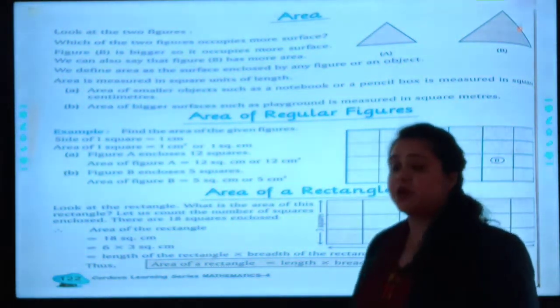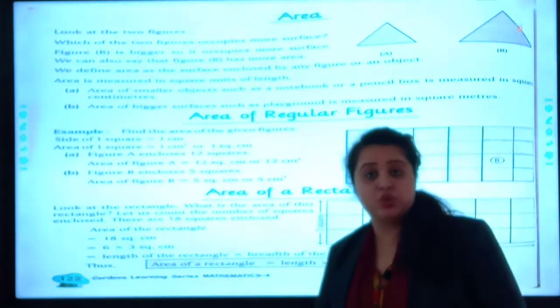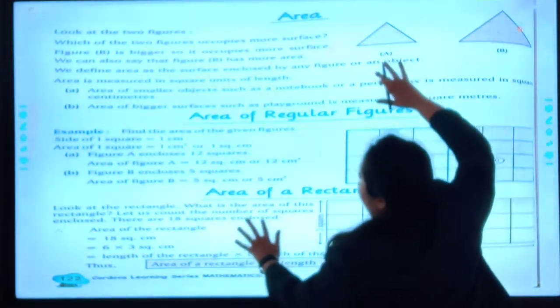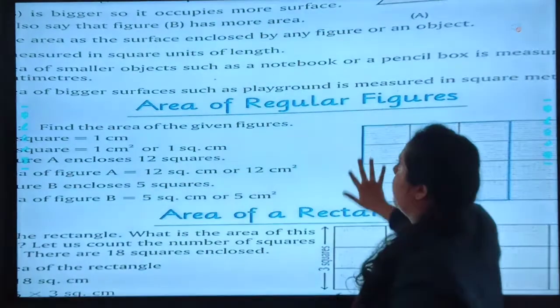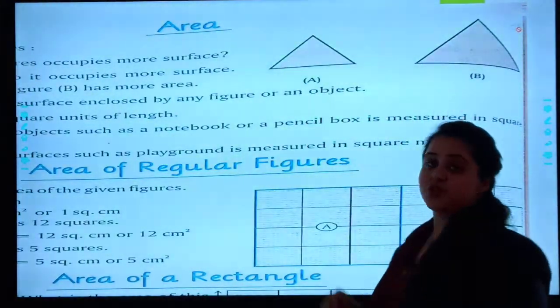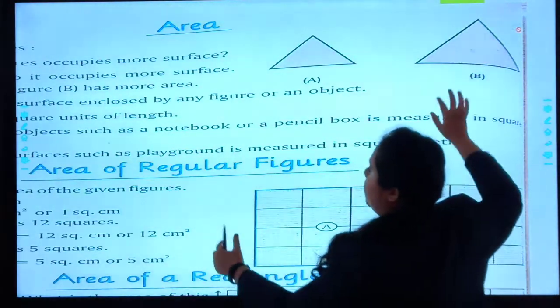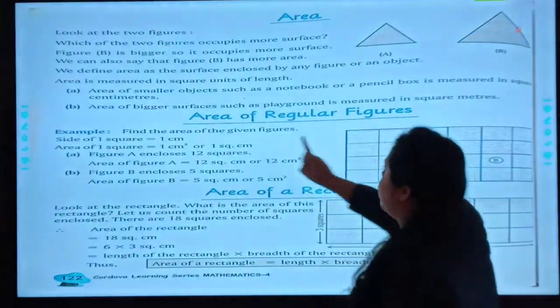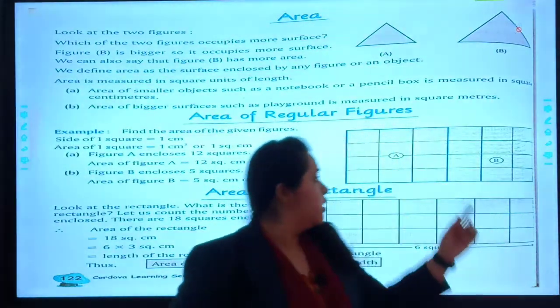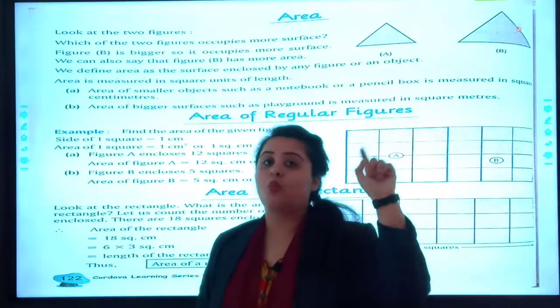Students, on page number 122, we have already seen the meaning, that is area. We have compared these two triangles, right? And we have already seen this area of regular figures. हमने देखा था ये वाला 1 centimeter equals to 1 box.